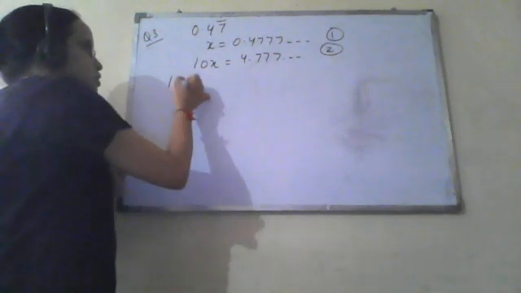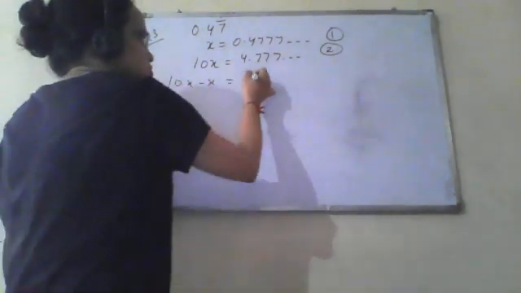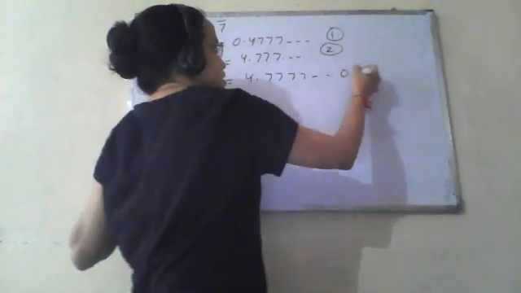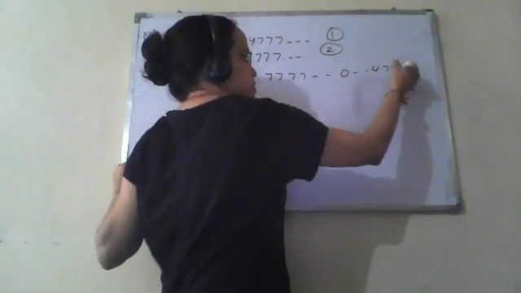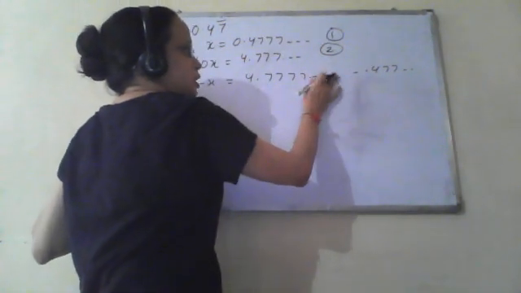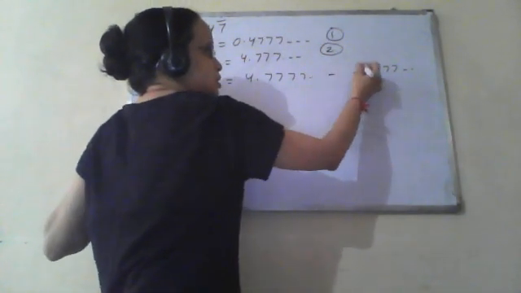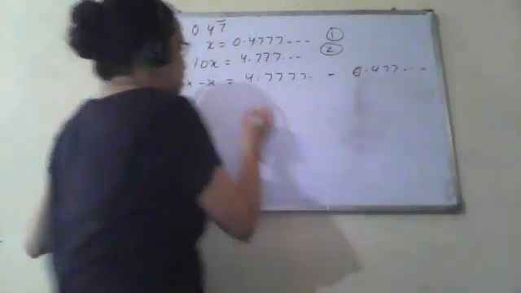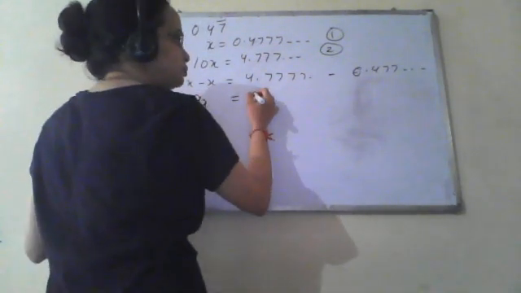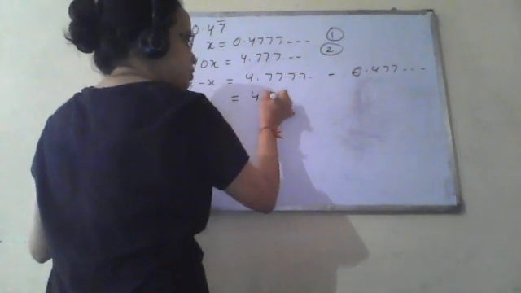This is 10x minus x equals 4.777 minus 0.477. Okay. So this is 9x and this will be 4.3.